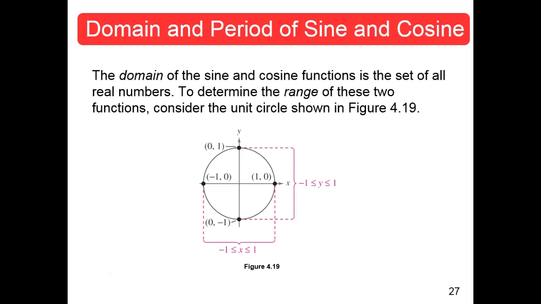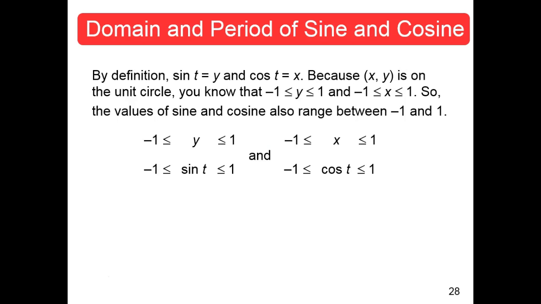Now, functions that repeat themselves periodically are called periodic functions, in both sine and cosine. In fact, all your trig functions are periodic functions. Okay? By definition, sine of t is equal to y, cosine of t is equal to x. The independent variable, the domain, is the t's in both cases, and the x's and y's are your dependent variables, which represent the ranges.